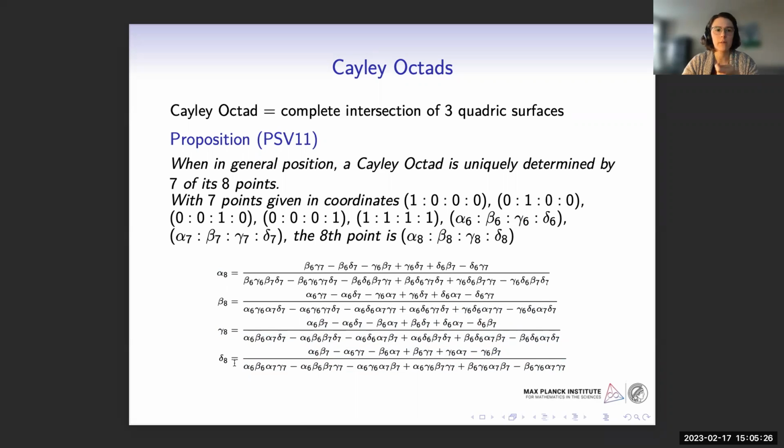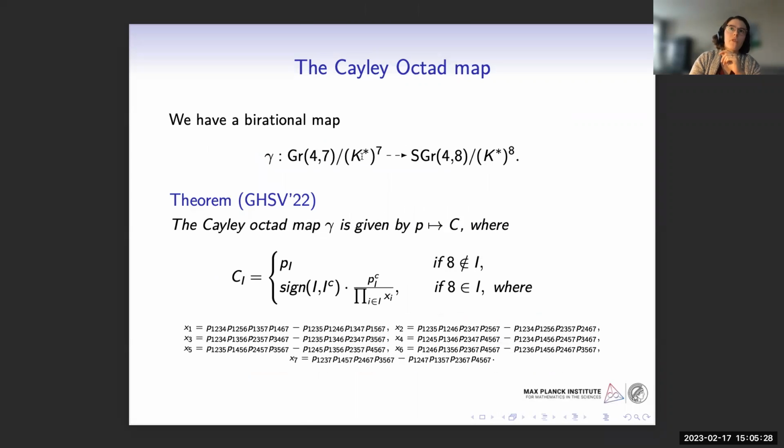That means in terms of the Grassmannian that we have a map from the Grassmannian 4/7 into the self-dual Grassmannian 4/8. This is a birational map because I'm looking here at an open subset where my map is defined. And I'm always going to end up in the self-dual Grassmannian 4/8. So this is a nice start for parametrizing. In our paper, we computed this map. We call it the Cayley octad map on this level of the Grassmannian.